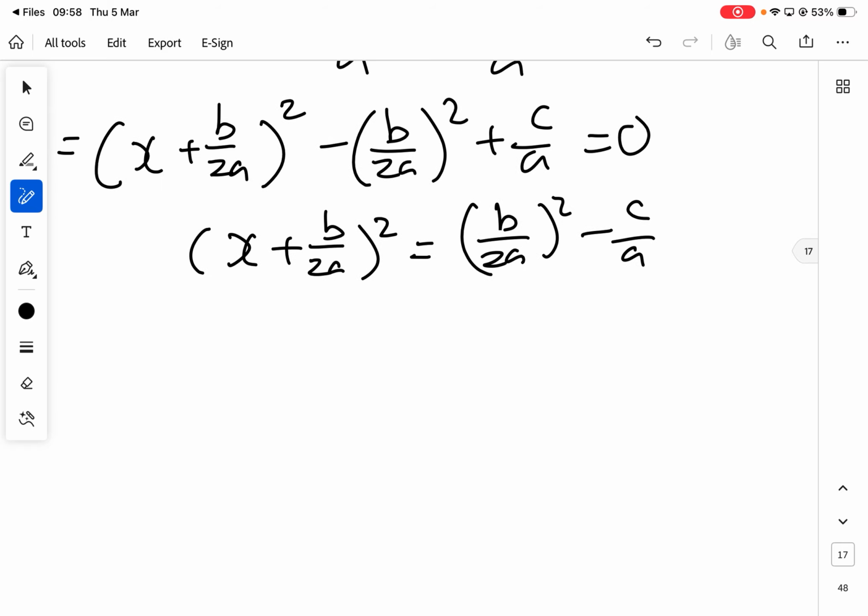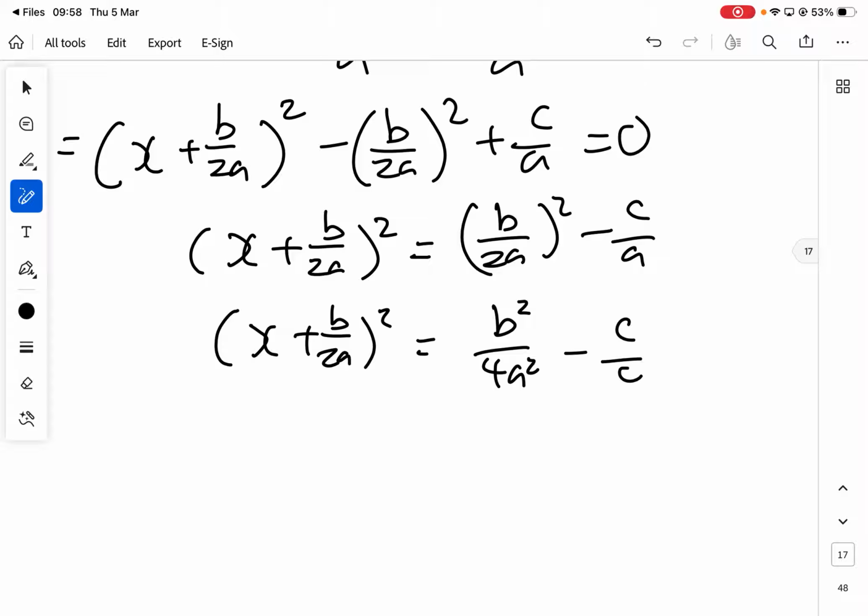Now everything on the right is just number. So let me simplify this. I will have b squared over 4a squared minus c over a.